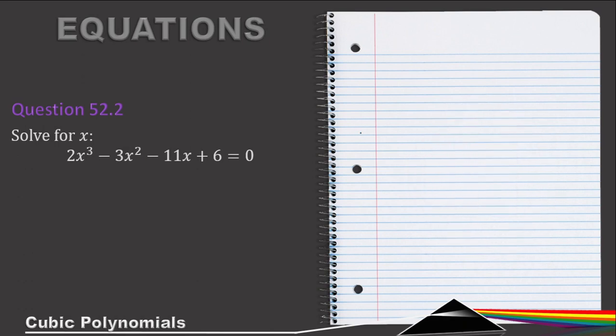Okay, final one. When we solved for this, 2x^3 minus 3x^2 minus 11x plus 6 equals 0. Okay, factorizing that gives us x plus 2, then 2x minus 1, and then x minus 3.